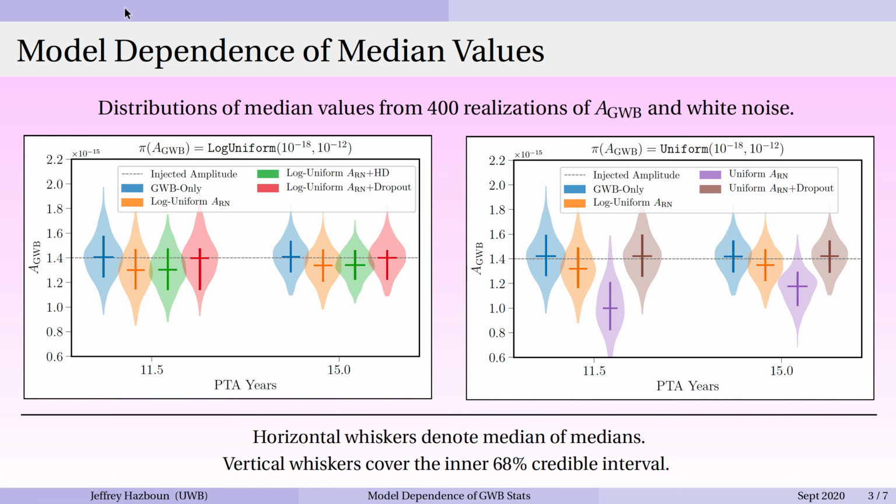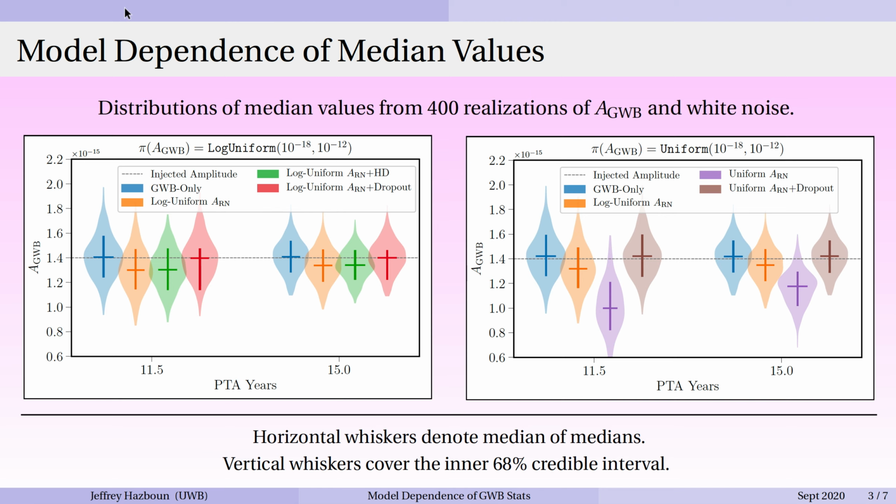On the left, we used a log uniform prior for the amplitude. So that would traditionally be what you would use for a detection run. And then the different plots show either no red noise models, which is the blue. So that's basically the model that we used to inject. We're using it to recover, right? We inject a gravitational wave signal, no red noise, and we get back something that we expect. These are all aggregates, so the violins are showing the distribution of the median values. So this is the distribution of 400 different medians.